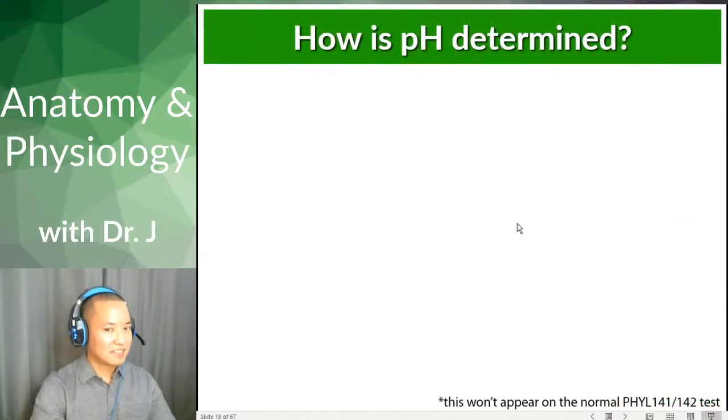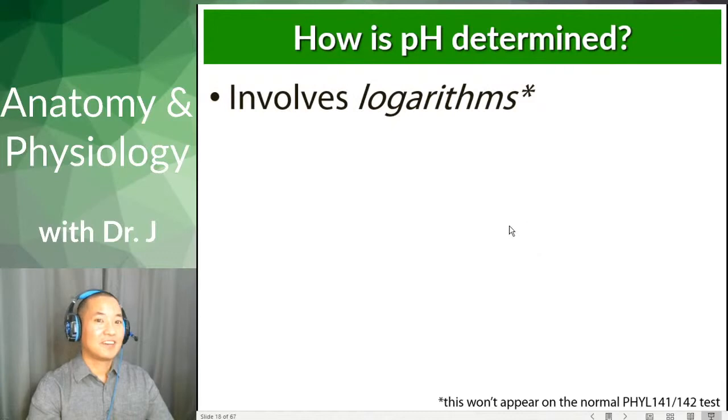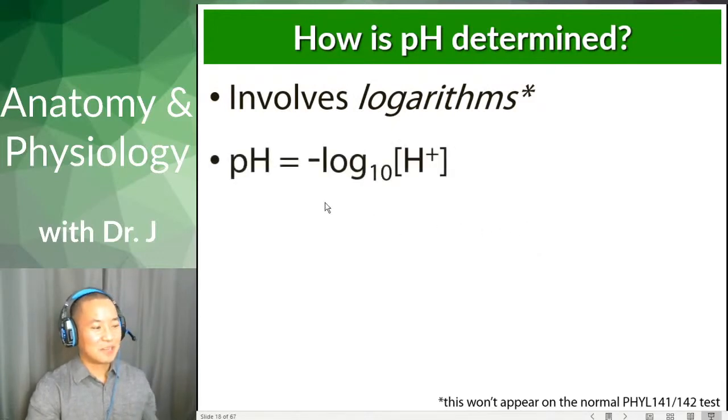Now, how is pH determined? This involves algebra 2. It involves logarithms. This is one of the toughest things when you're first learning pH. The more acidic something is, the smaller the pH number. And why is that?